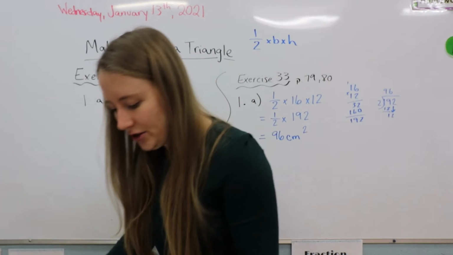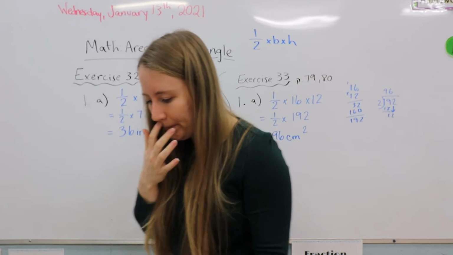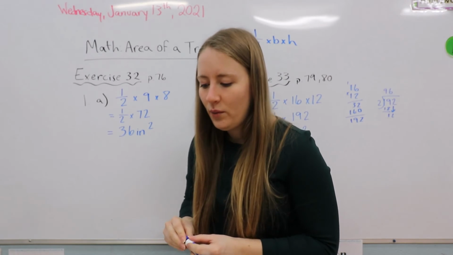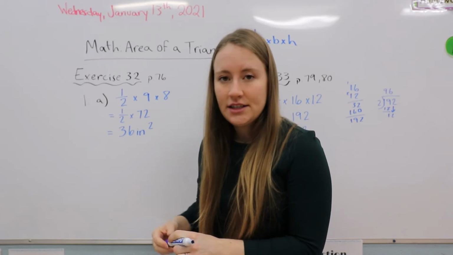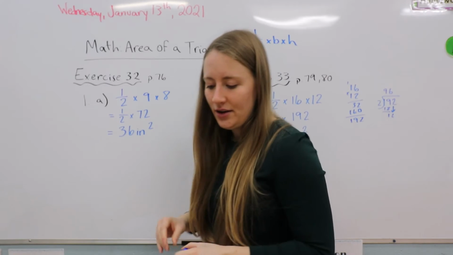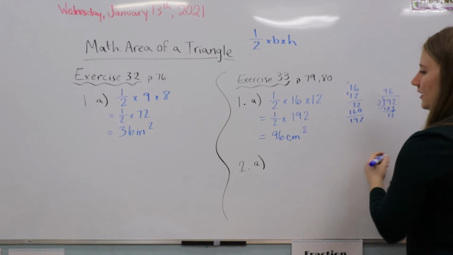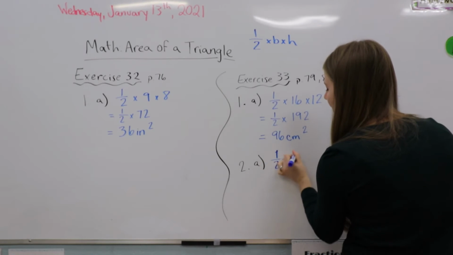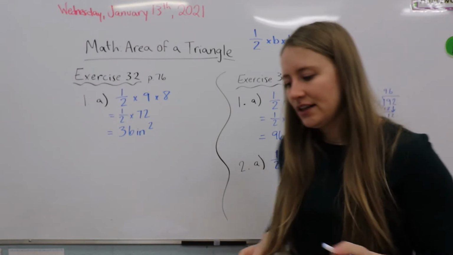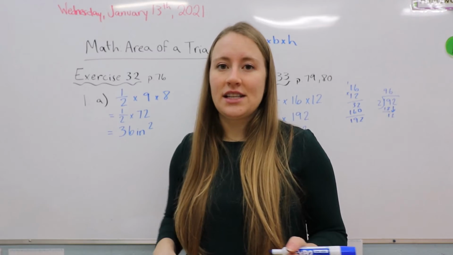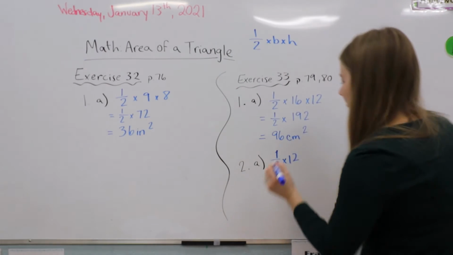So 2A on page 80 is giving us a bunch of measurements. It tells us that we have 4 centimeters and 8 centimeters on the side, which we're going to have to add together to make our base. So that's 12 centimeters. Let's start our equation: half times 12. The height, because one side of the rectangle is 7 centimeters, is 7, because it's at a right angle with the base.